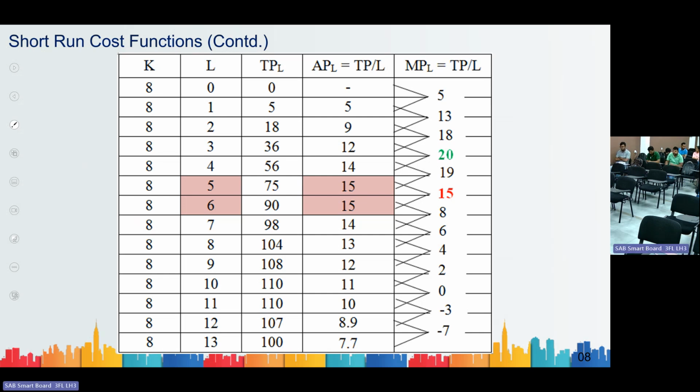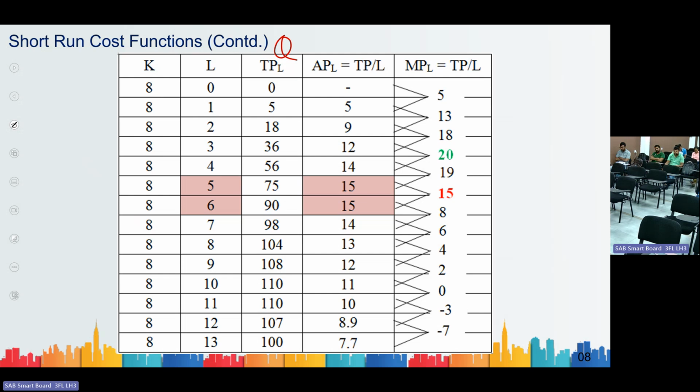These are some concepts we learned in production theory. We have capital inputs, it's fixed. We have labor inputs. We increase labor input, and these are the production, that means output, Q. These are average products.